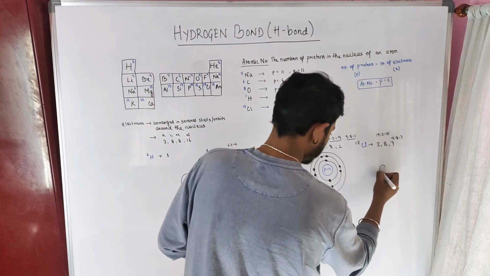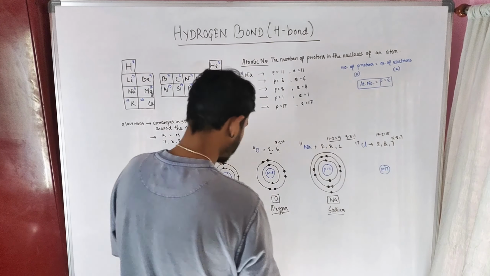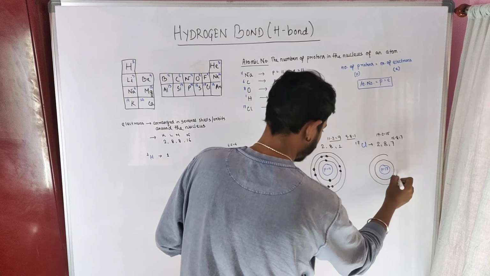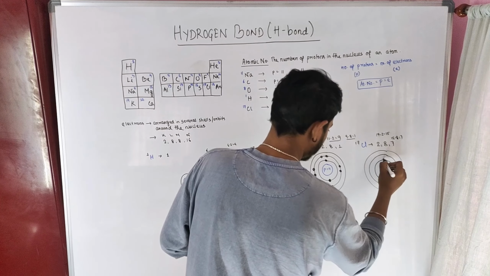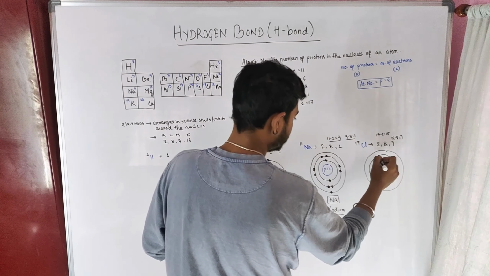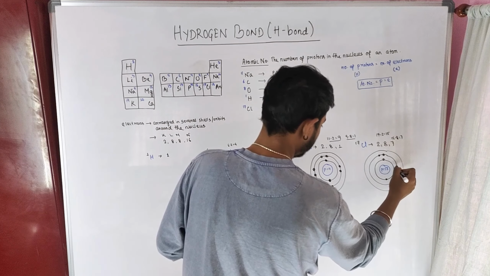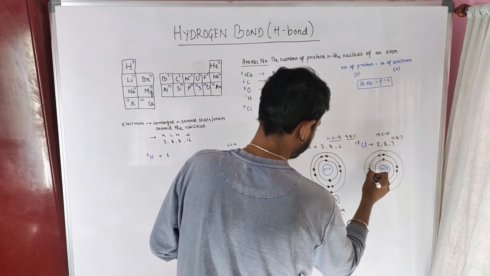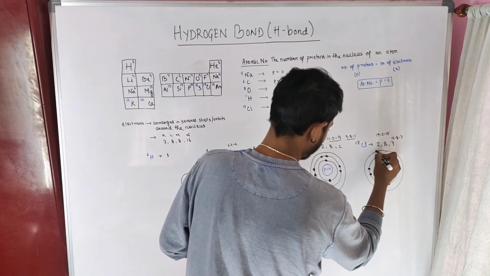So here the number of protons is 17, and around that nucleus we have again 3 shells. 1, 2 in the first shell, 2 electrons. The second shell will have a complete 8 electrons, and the third shell will have 7 electrons.